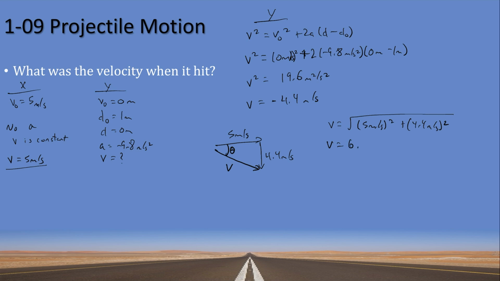So I got 6.7 meters per second, and then I need an angle. So my angle, since I know the opposite and the adjacent, I could use inverse tangent to get my angle, which is the opposite over the adjacent.